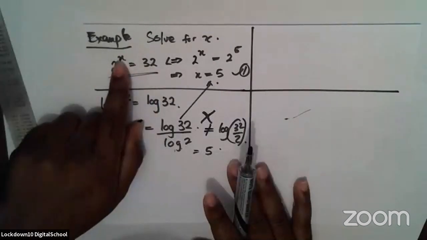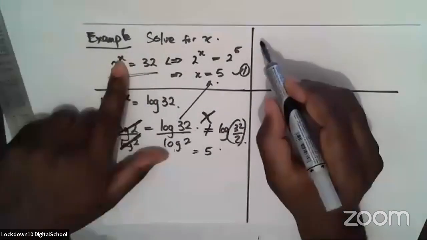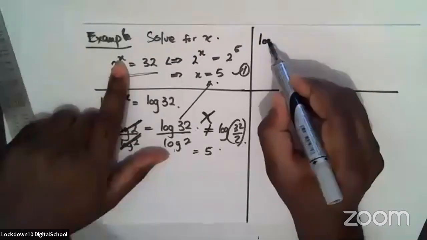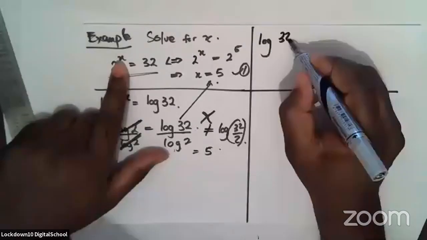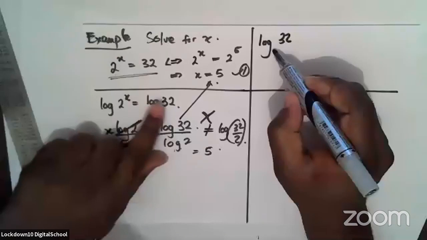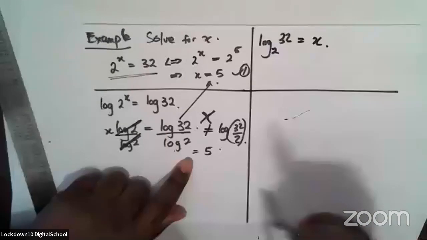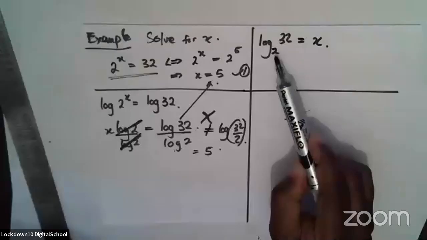It's x. So when I write it in log form, I write it as log 32 to base 2. So it is equal to x.